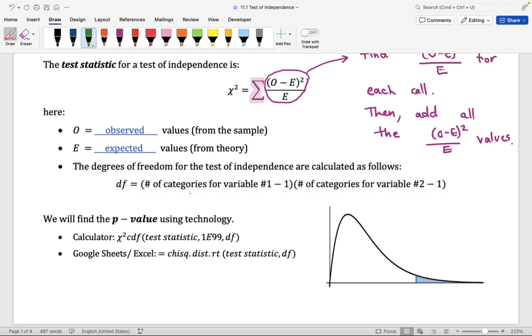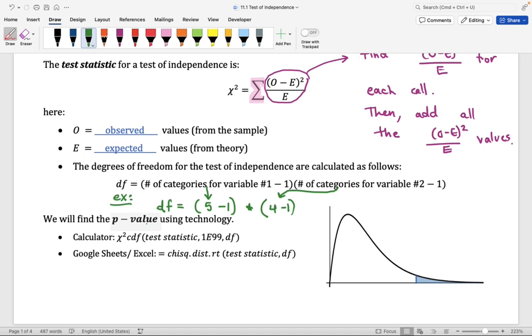So for example, if you have 5 categories for the first variable, then your degrees of freedom is going to be 5 minus 1 times, now let's say that the second variable only has 4 categories. So then here we would be multiplying by 4 minus 1. We're going to make sure to take note of the number of categories we have for each of the variables. So again, this was just a quick example to see how we calculate the degrees of freedom.